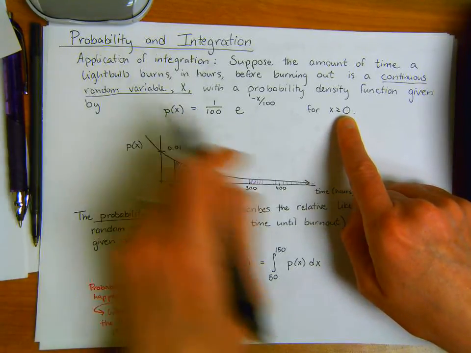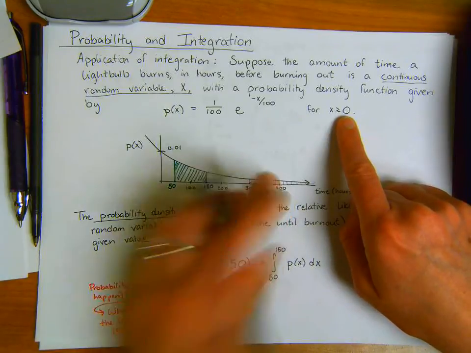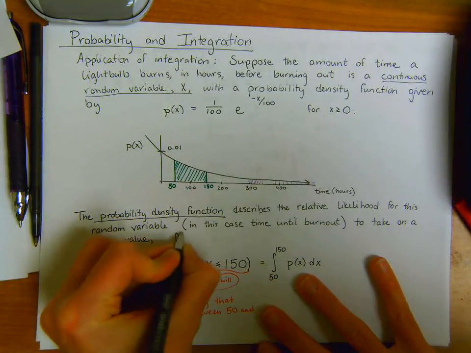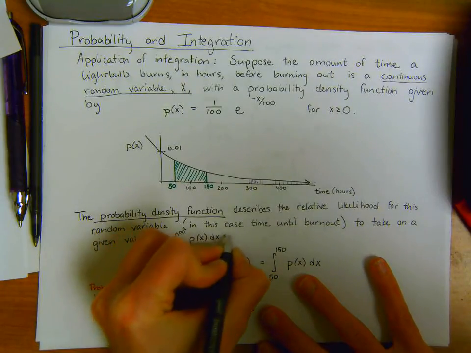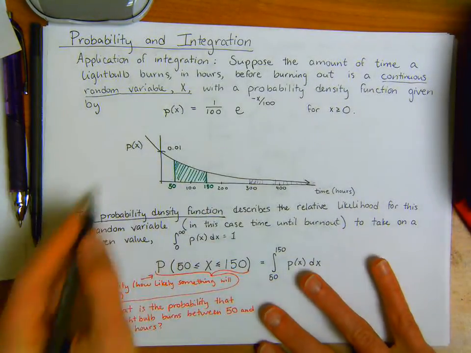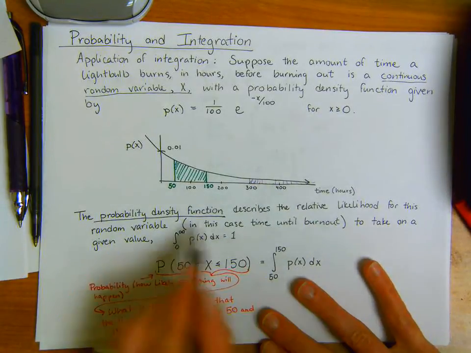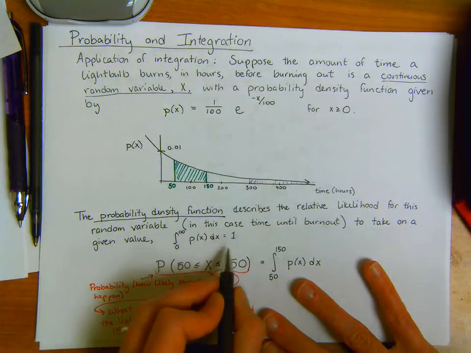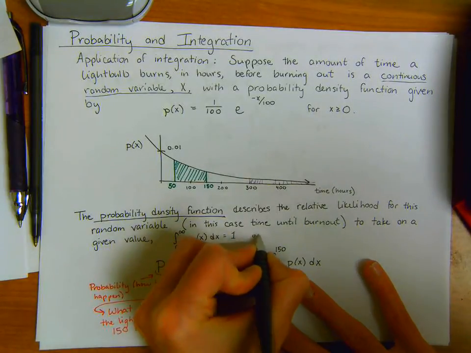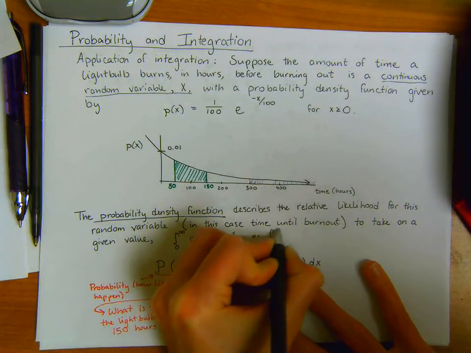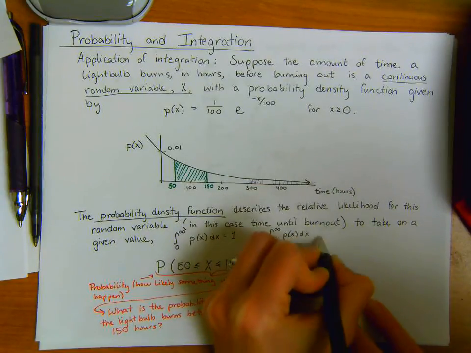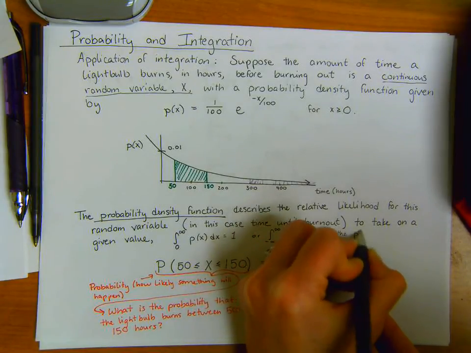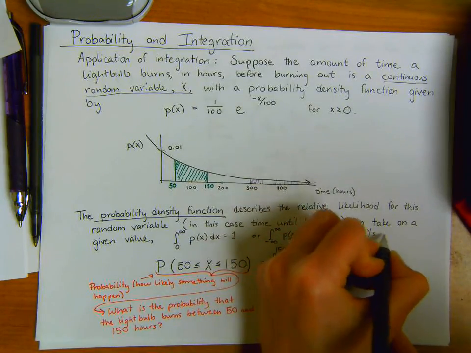There are going to be other probability density functions where you can use both negative and positive, but on its domain, the area under a probability density function curve, its integral, is always equal to 1. Or maybe I'll write this as the integral of p of x dx on the probability density function's domain.